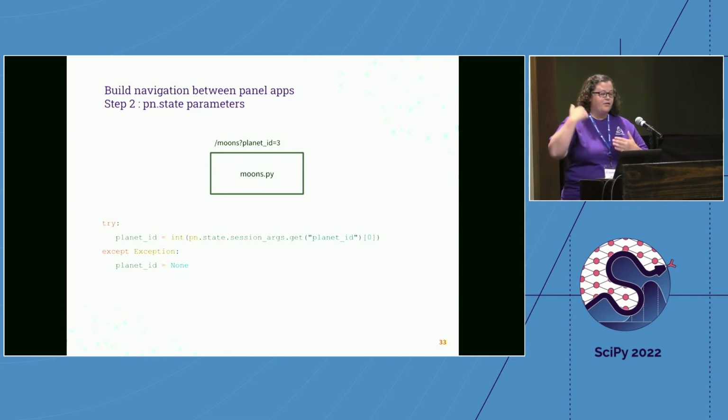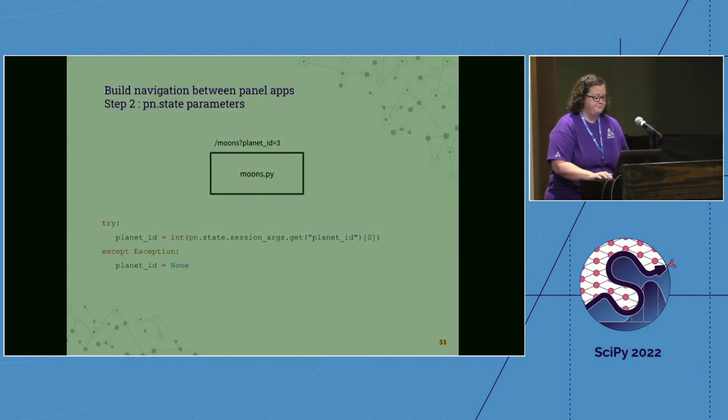If that planet ID is in our URL, then we're going to display a certain dashboard, for example, detailed information about that planet. If that is not available in our session args, in our URL, then we'll just provide a list.